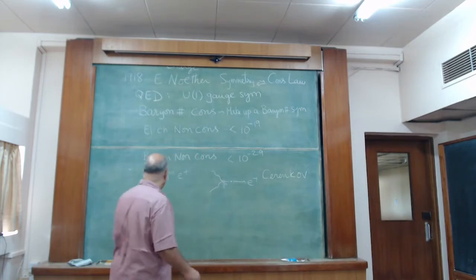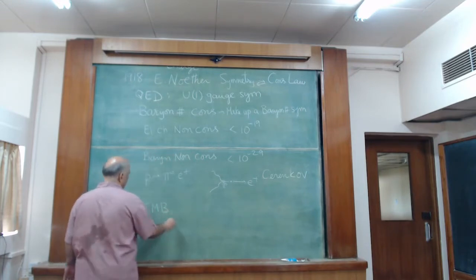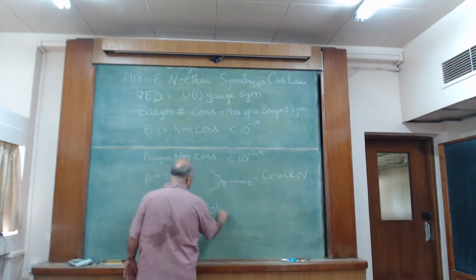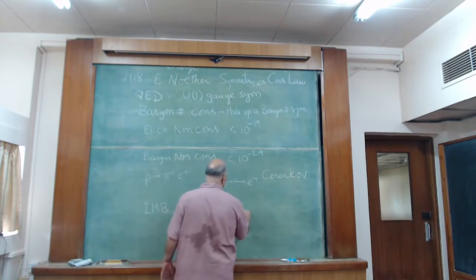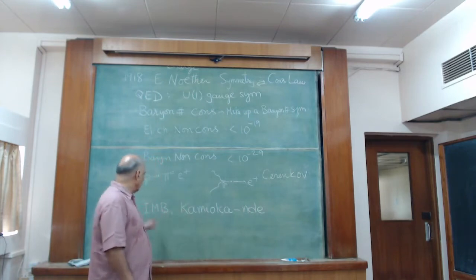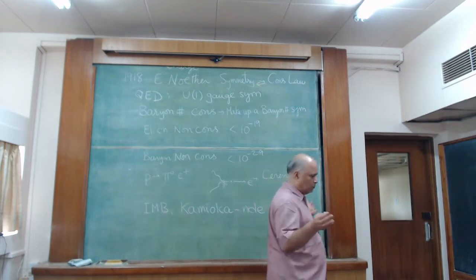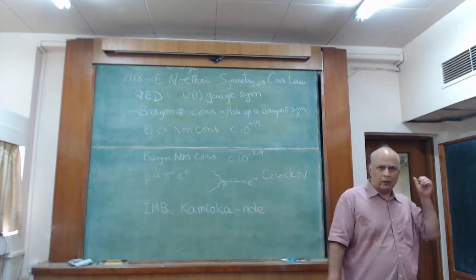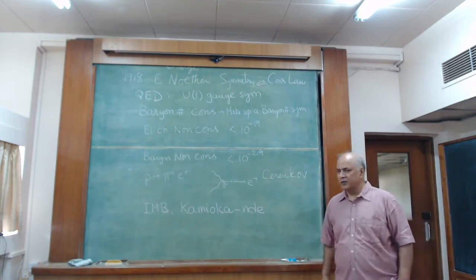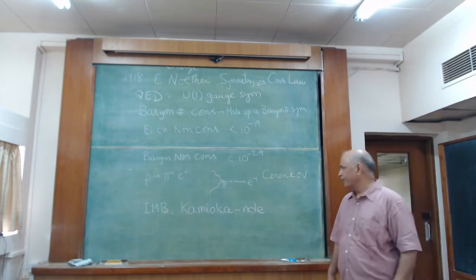So 2 detectors were proposed, IMB. IMB stands for the three institutions in the US which came together to build the detector: University of California at Irvine, University of Michigan, and Brookhaven National Laboratory.